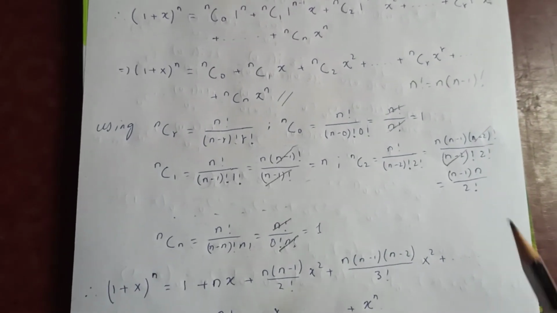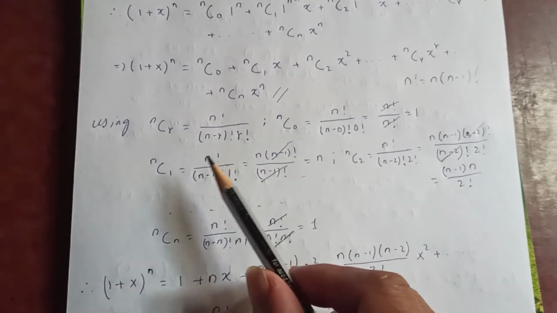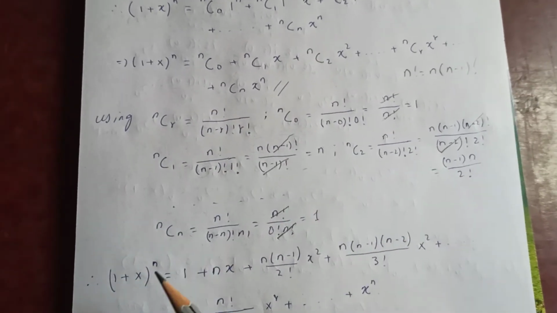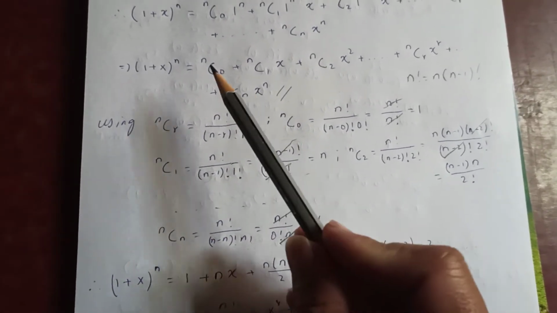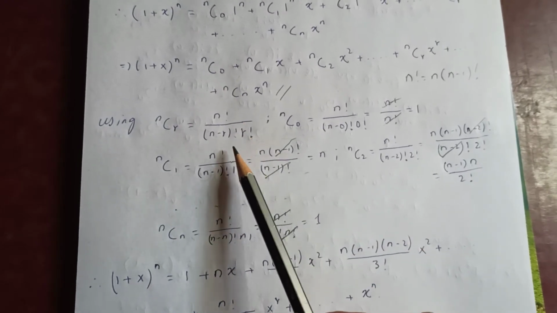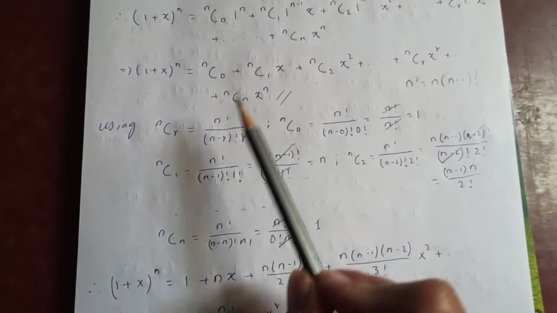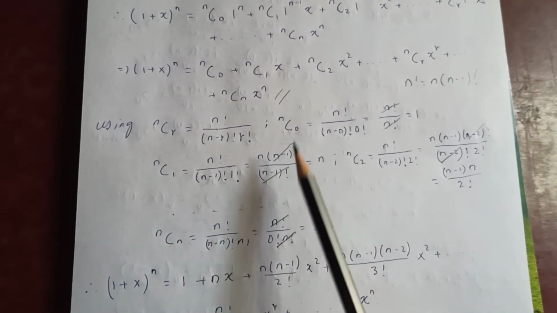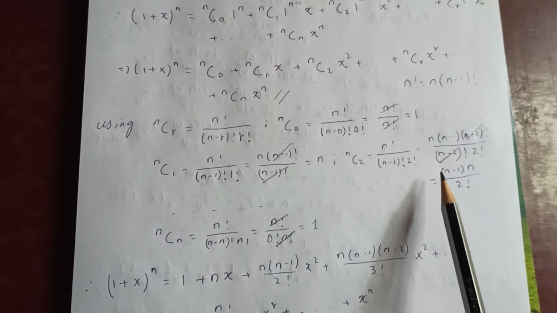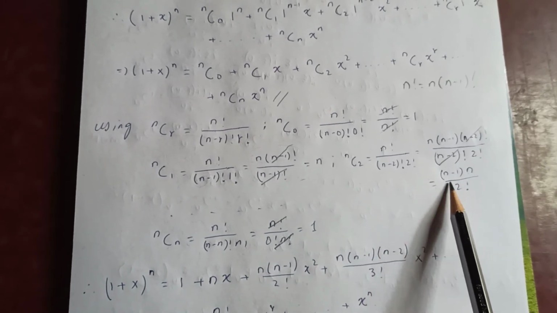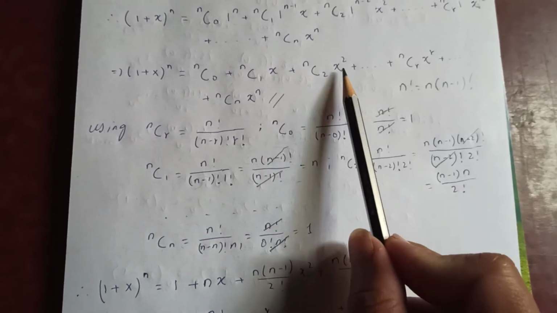Now substituting the values of the combinations, (1 + x)^n is equal to nC0, which is just 1, plus nC1, which is n, n into x, plus nC2, which is n(n minus 1) by 2 factorial, into x^2.